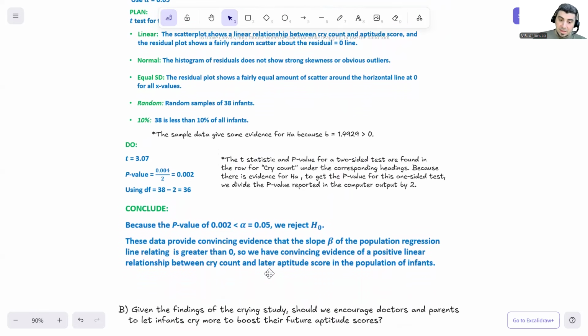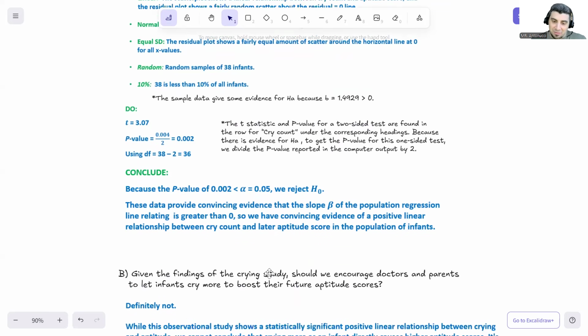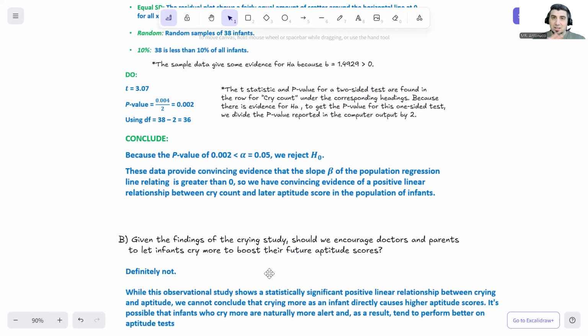Now, given the findings of the crying study, should we encourage doctors and parents to let infants cry more to boost their future aptitude scores? Well, definitely not, because since this is an observational study, even though it does show a statistically significant positive linear relationship between crying and aptitude, we can't go ahead and conclude that crying more as an infant directly causes higher aptitude scores.